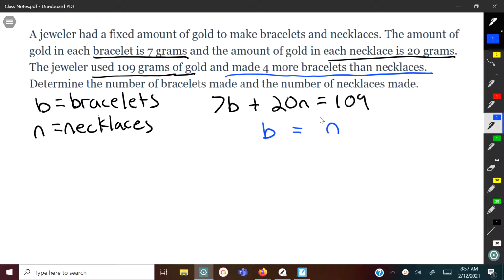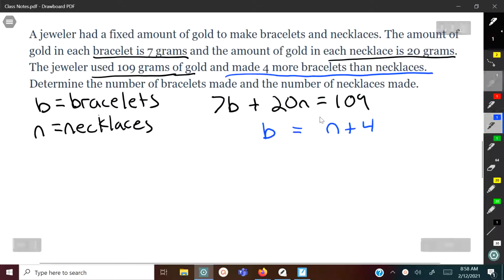Since you have more bracelets than necklaces, and you know it's by 4, you're going to add 4 to the necklaces. So now we have the bracelets equal N plus 4.